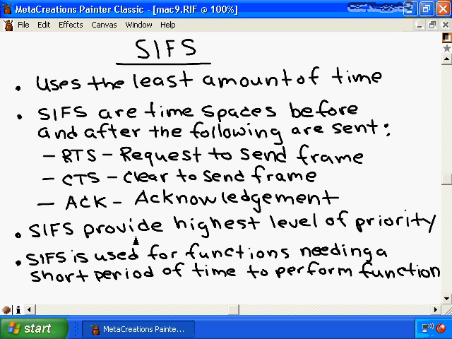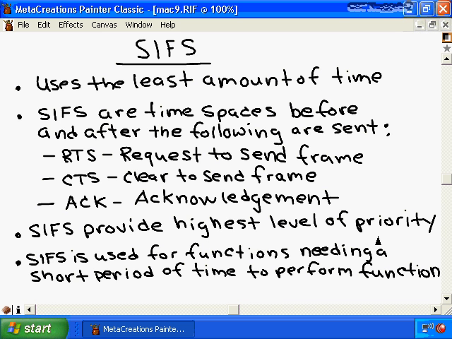But they also provide the highest level of priority as well. Well, what does that mean? What happens here is that the wireless stations are always listening to the medium. And in a wireless network, the medium is the radio frequency in the channel. This is technically referred to as carrier sense. They're always waiting for the medium to be clear so they can send their frames. Once the medium is actually clear, each station must wait a given amount of time, which is a time spacing, before actually sending the frames.